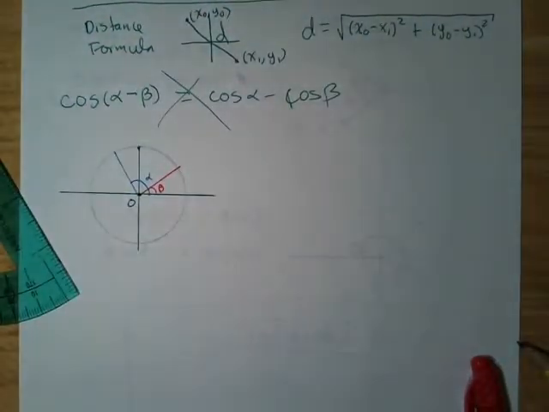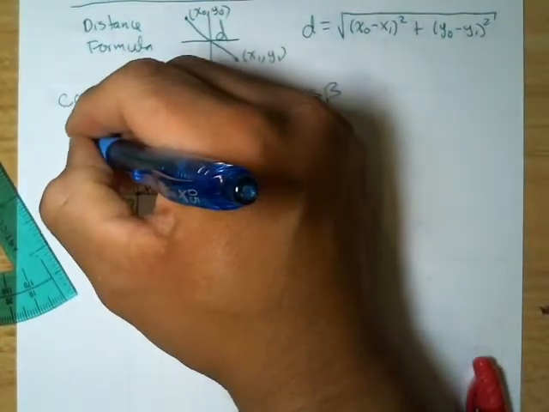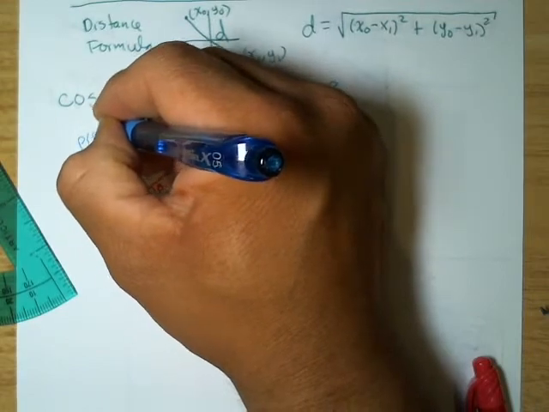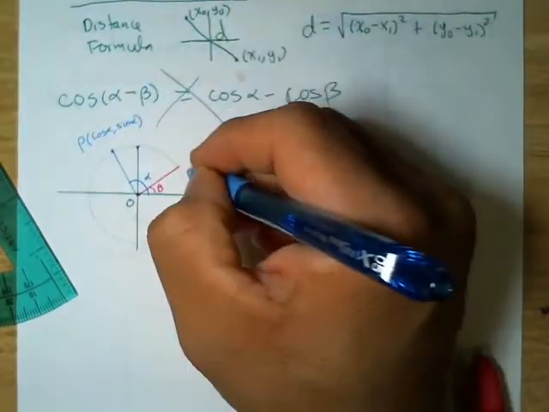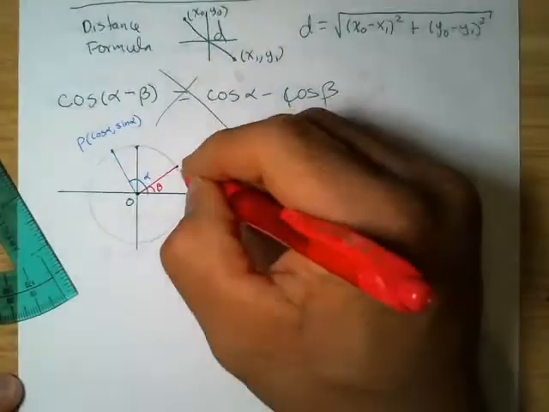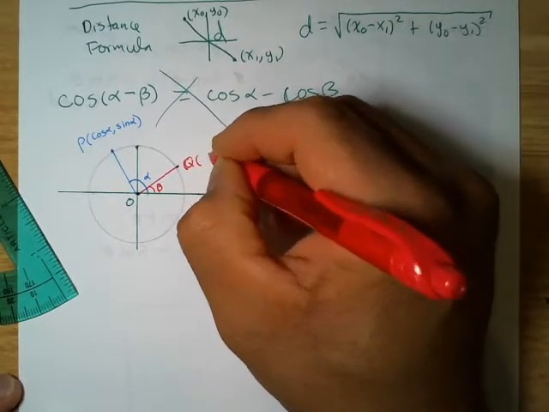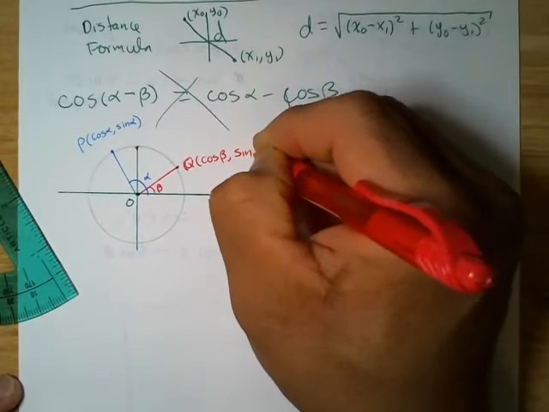We know that if this is our unit circle, which we'll assume it is here, this point out here, I'll call it point P, has coordinates cosine alpha, sine alpha. And this one here, call it Q, has coordinates cosine beta, sine beta.